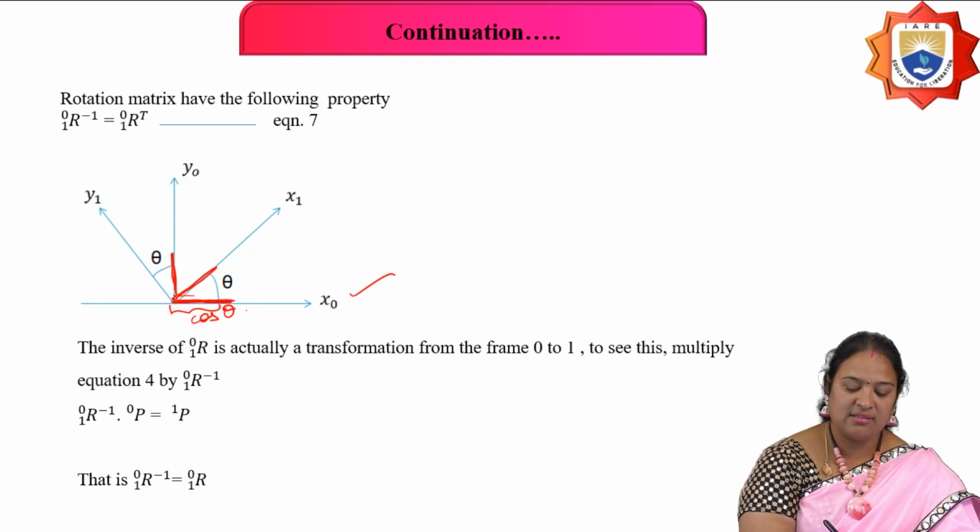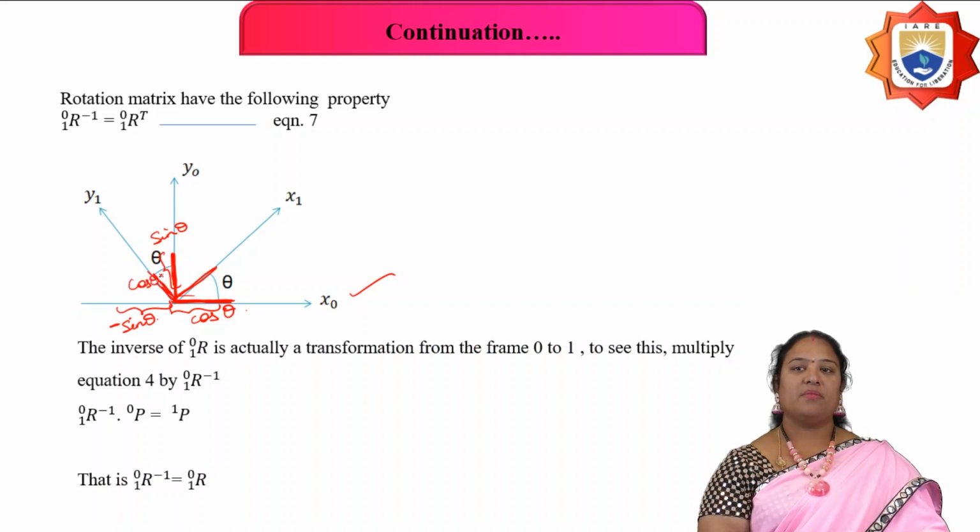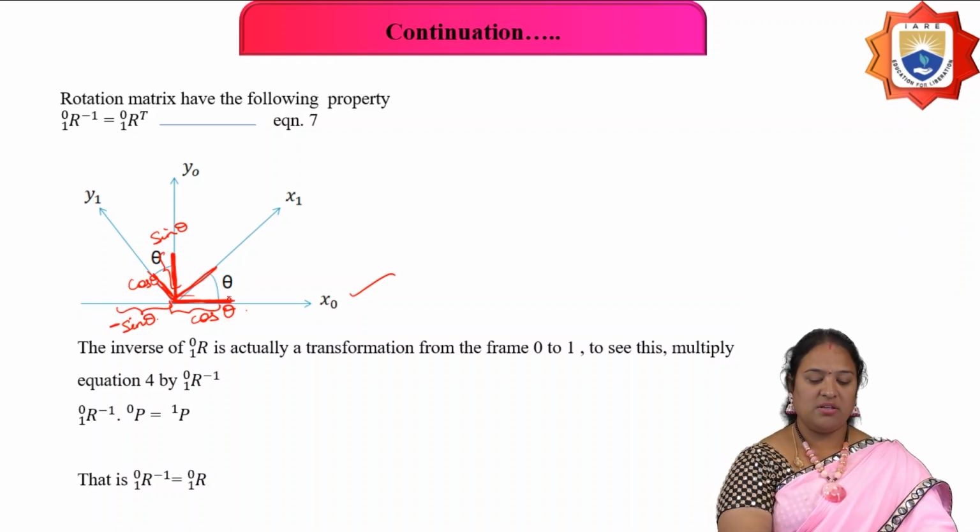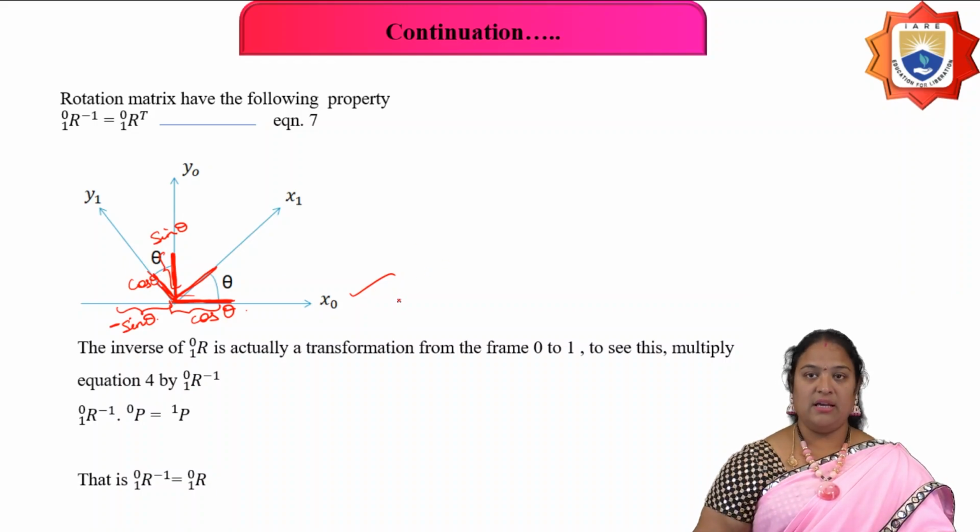But when we are considering this particular plane, it is nothing but sin theta. Now, here, which is coming outward, this will become minus sin theta, and this angle is nothing but cos theta. Clear?